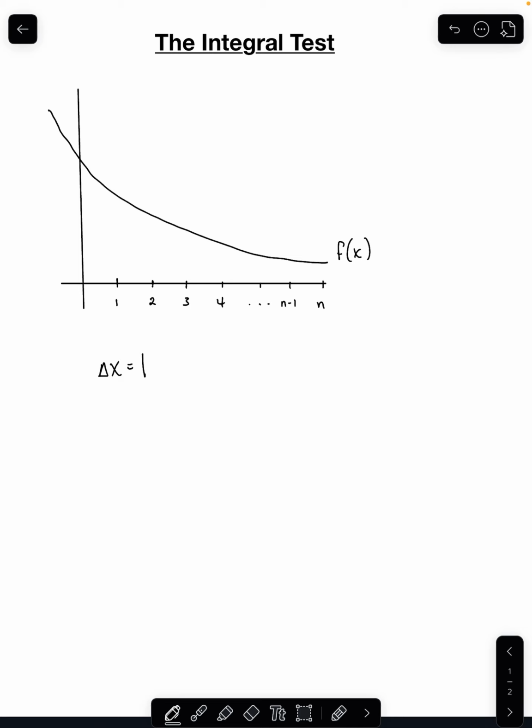Now we're going to do two things with this. One is we're going to draw rectangles on each subinterval, first with the idea of inscribing them. Because this is a decreasing positive function, we're going to be using the right endpoint of each interval to determine the height of the rectangles.